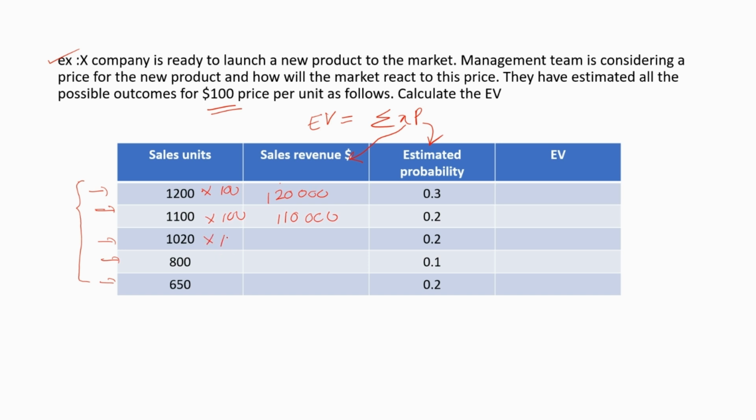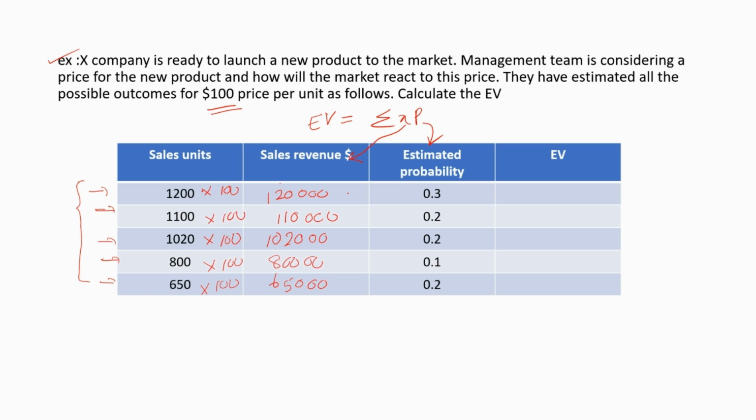For the third outcome, for the fourth outcome, and lastly the fifth outcome. Now we have the x value.